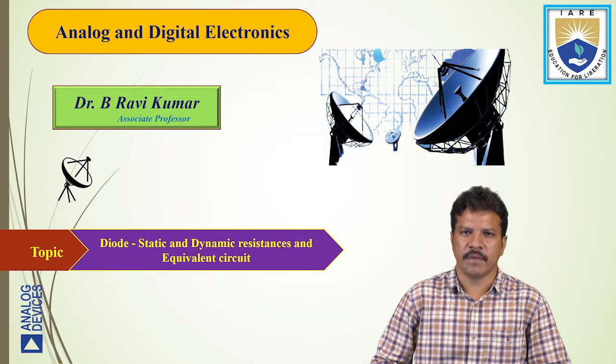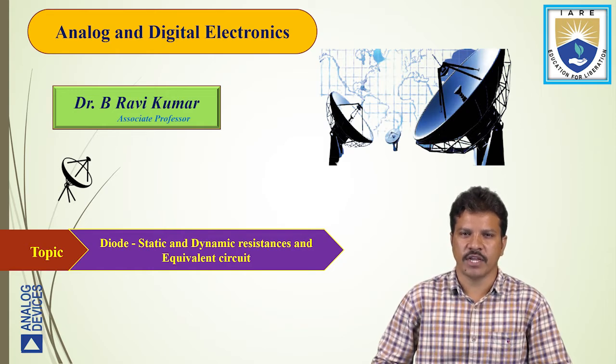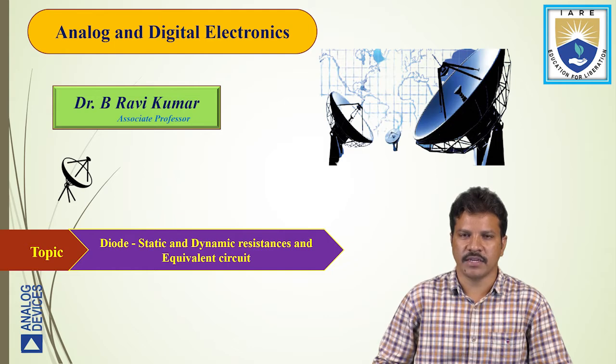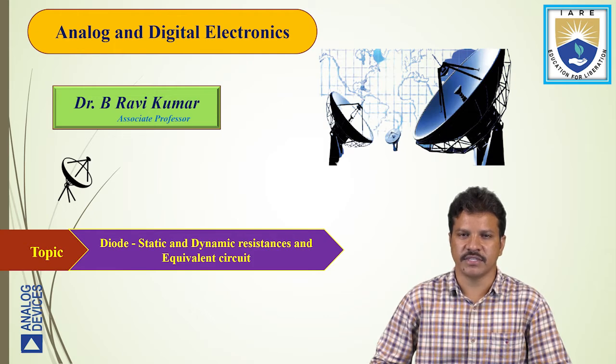Before starting my lesson, this analog and digital electronics has two parts: analog electronics and digital electronics. The analog part covers the operation of the p-n junction diode, its characteristics and applications, and the operation of the bipolar junction transistor, its characteristics and applications.